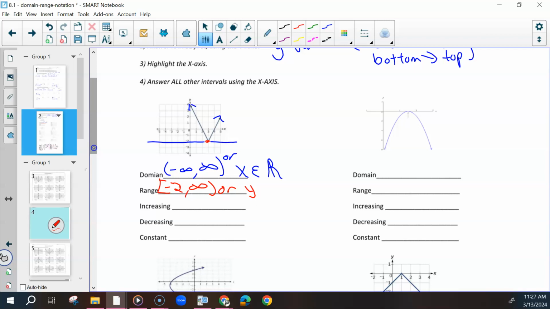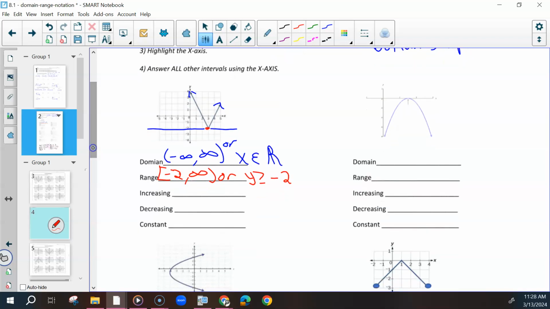Is greater than. And then would that be greater than or equal to? Greater than or equal to. So I'm writing it in both so you see both ways of writing it, because it may tell you to write it using interval notation or set builder notation. You have to be able to do both. Questions on range?